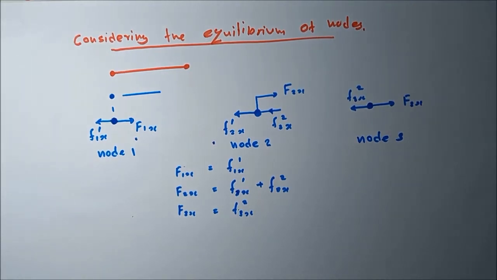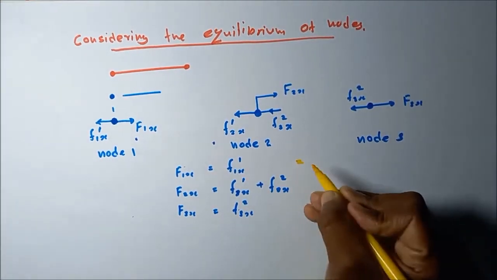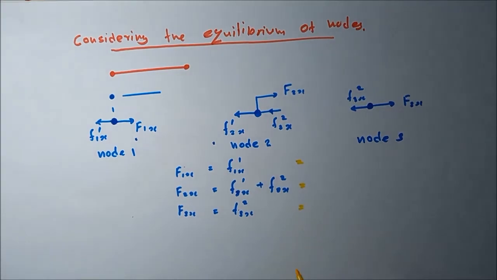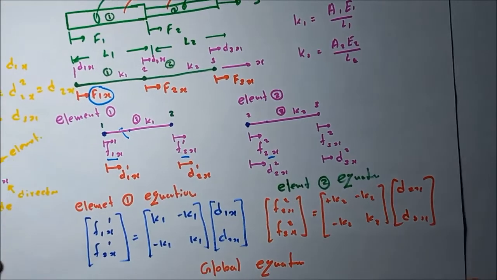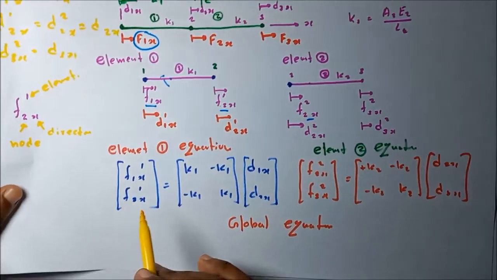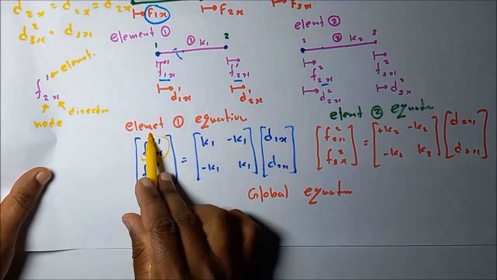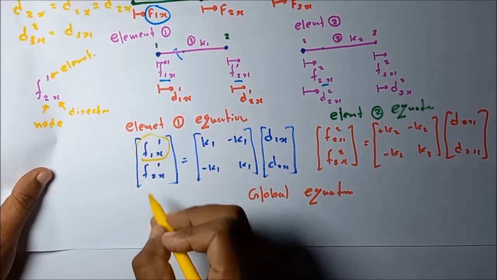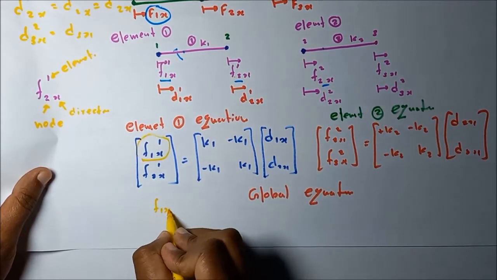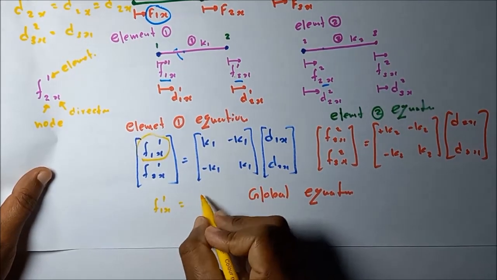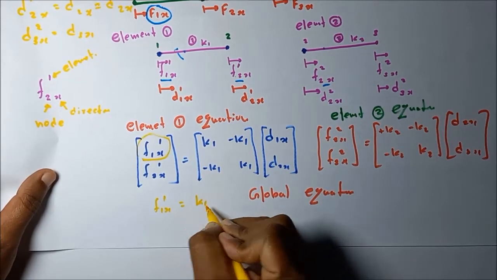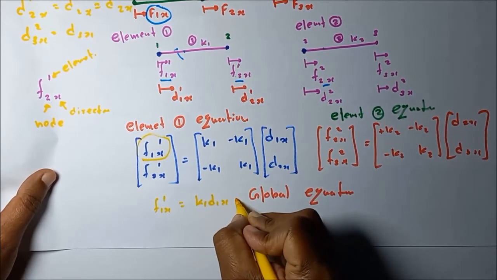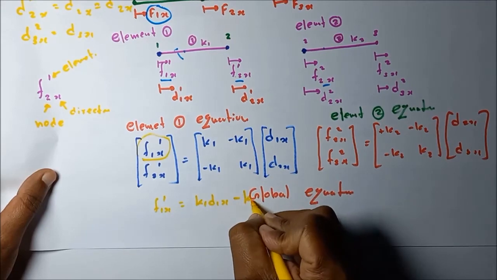Then these equilibrium equations we can further express in terms of the elements. What is F1x? From this equation, F1x1 is equal to k1 d1x minus k1 d2x.